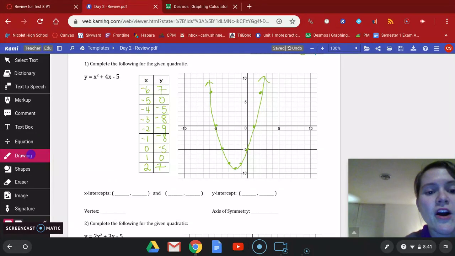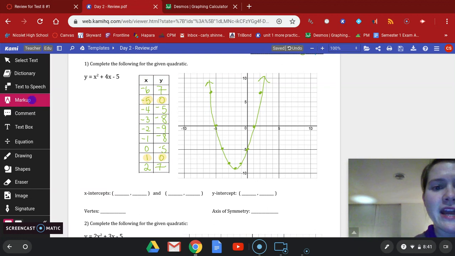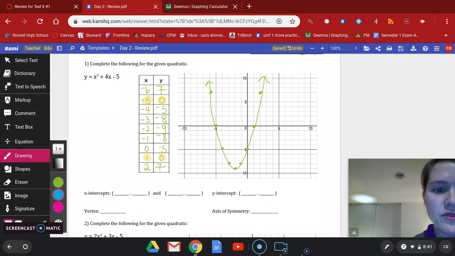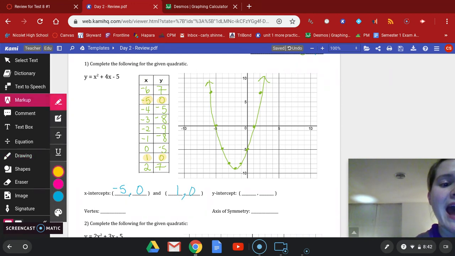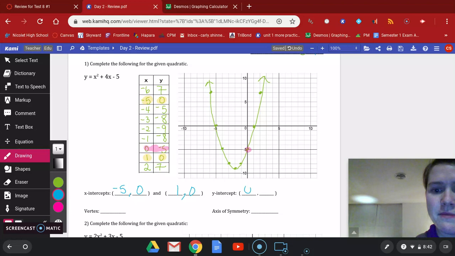It asks us a couple questions. My x-intercepts are when y equals 0, right? We talked about this yesterday. So let's write those down right away. -5, 0, 1, 0. My y-intercept is when x is 0. So that would be right here. So that's going to be 0, -5.